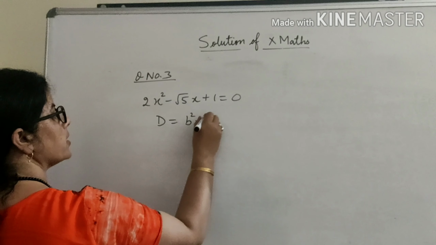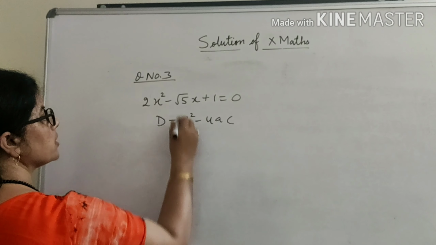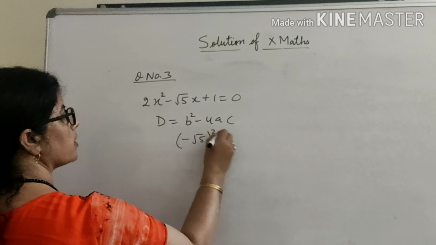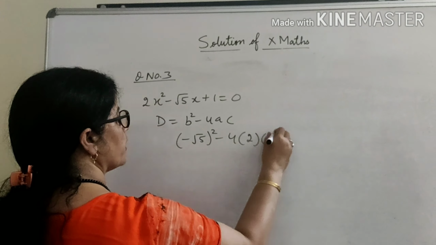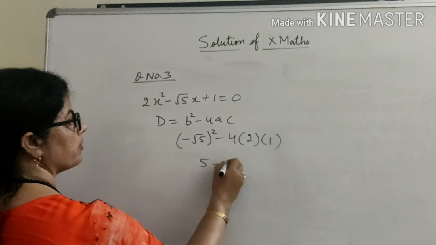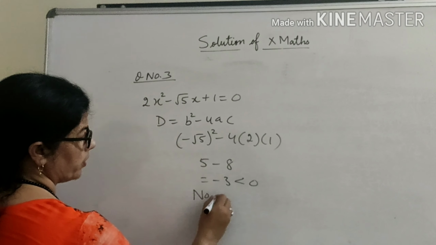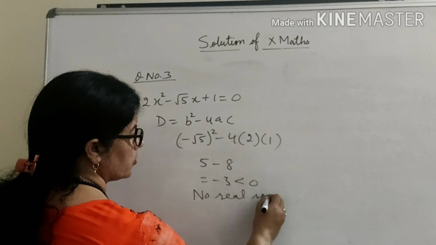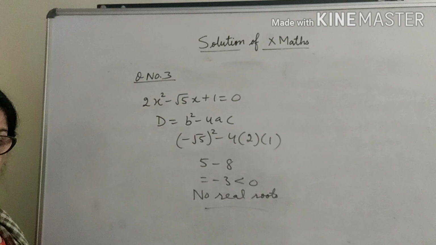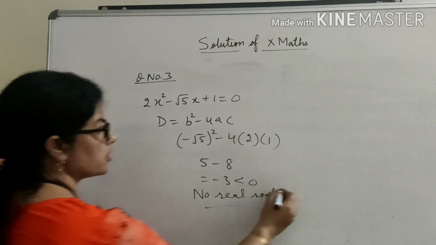Discriminant is b square minus 4ac. b means minus root 5 square, minus 4 into 2 into 1. Root 5 square is 5, minus 8, that is minus 3, less than 0. So we will write no real roots. This will be the nature of the roots. So the right answer is C part.